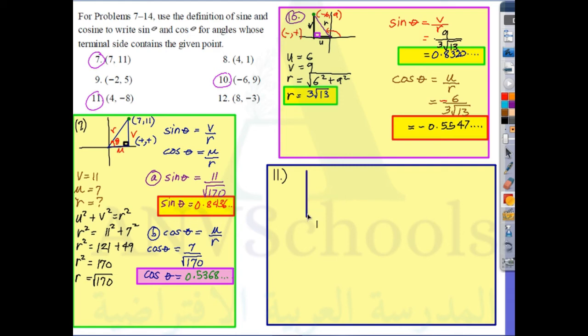It's in quadrant number 4, and we have a right triangle here.